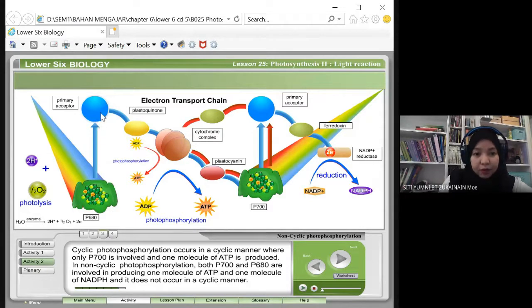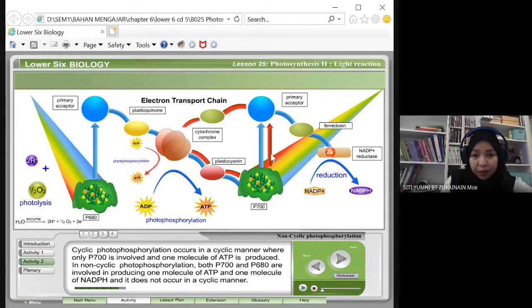If you can see here again, for non-cyclic, follow the blue arrow until the electrons are accepted by NADP plus with the presence of the NADP plus reductase enzyme and reduced to NADPH. While in photosystem 1 it is cyclic phosphorylation.